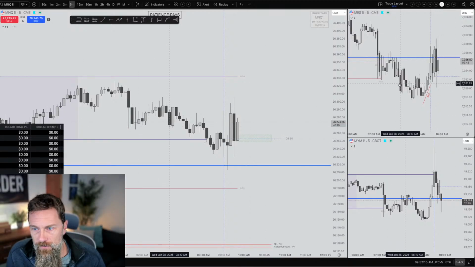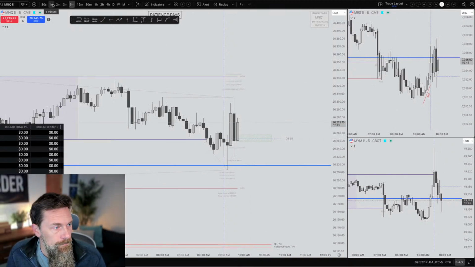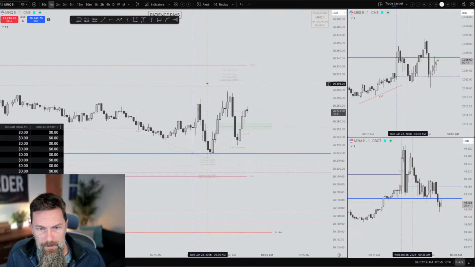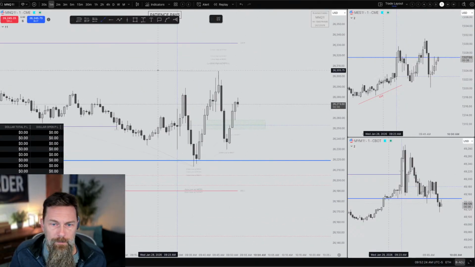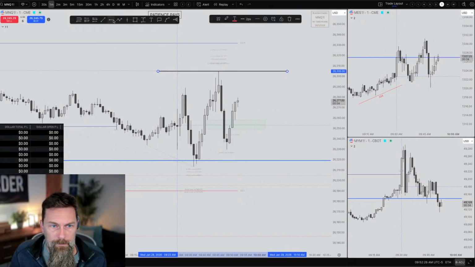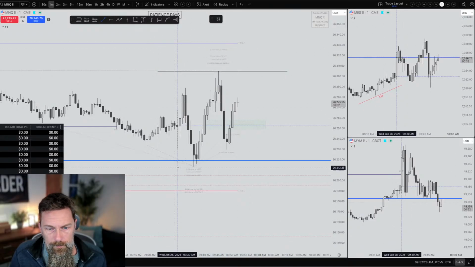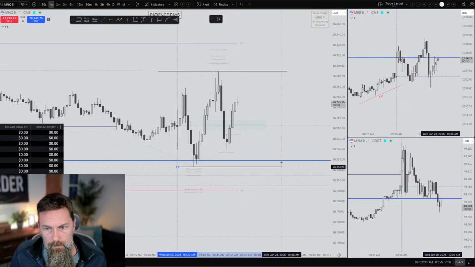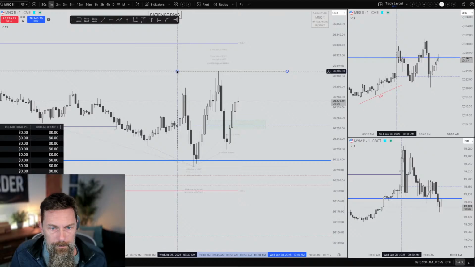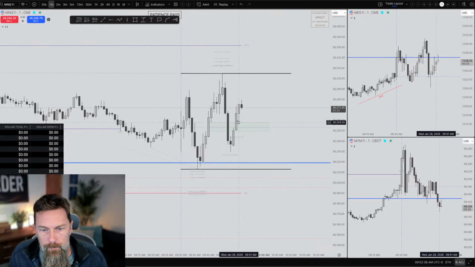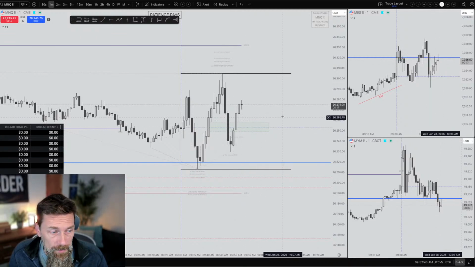3 minute and 5 minute, just consolidating. 1 minute's kind of bouncing around in this range. Now we're flipping this first presented fair value gap multiple times.